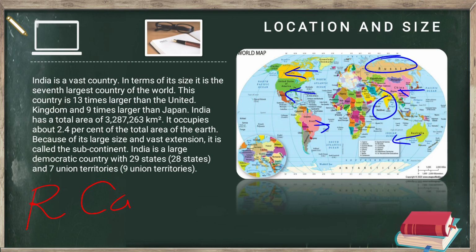Canada. And after that comes who? China. Then USA. These two are comparatively similar in size. So both can be 3 and 4, but you can say that China is bigger than USA.